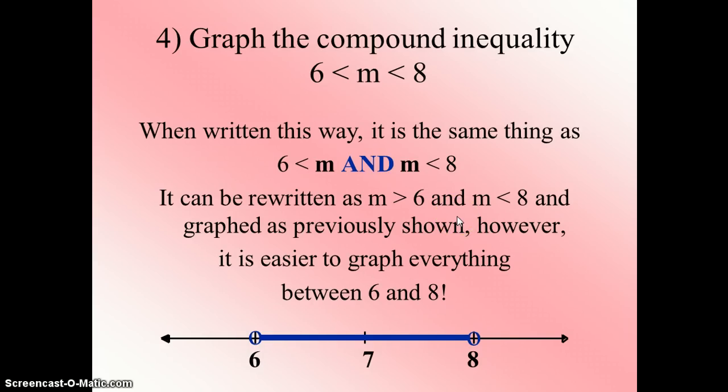It's easier to graph everything between 6 and 8 rather than create two separate graphs. However, you may choose whichever method is easier for you. If you feel you need to graph two entire separate graphs, that's fine. Continue to do that, whatever it takes to get the right answer.